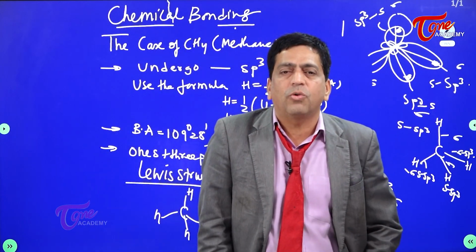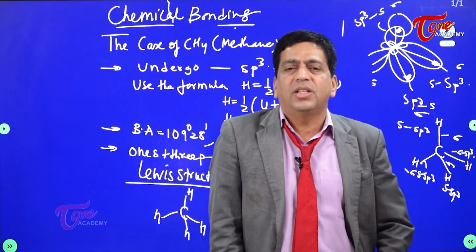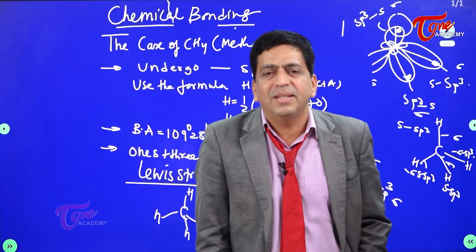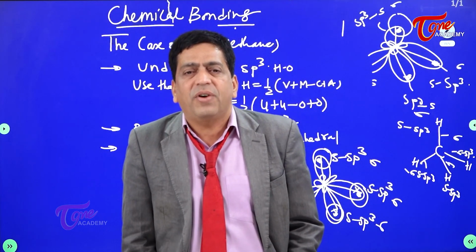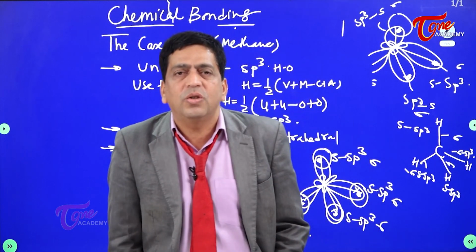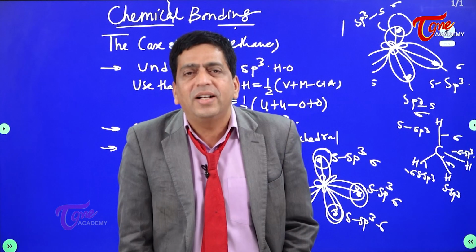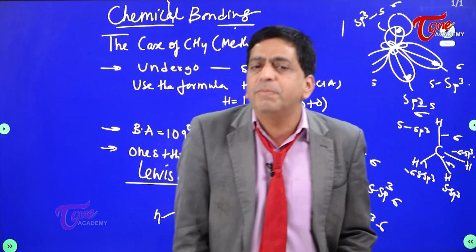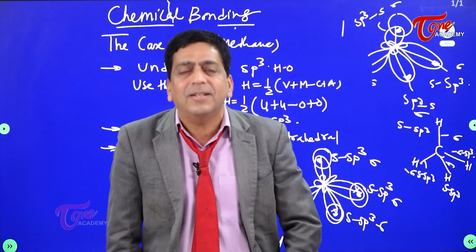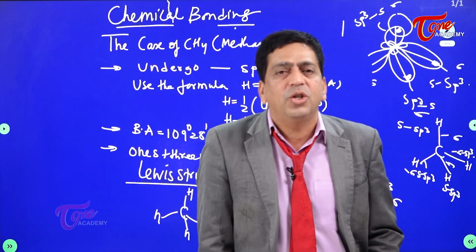Initially, when you want to write the draft for hybridization, you should use the formula H is equal to half into V plus M minus C plus A, and first find out what the hybridization is. After finding the hybridization, write the ground state configuration. Once you write the ground state configuration, you must get into an excited state, because only in the excited state will hybridization take place.